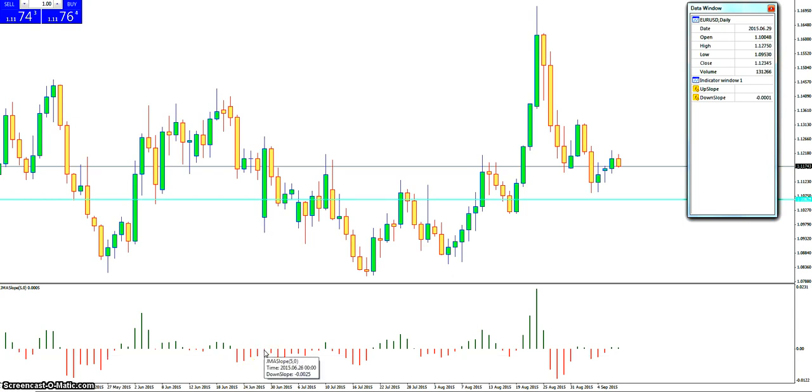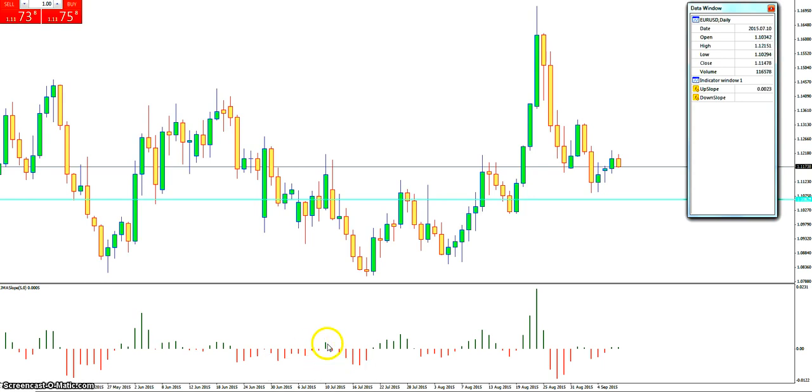This is actually going downwards, but still it is a peak because this value is higher than the previous value and this value is also higher than the next value. So that's a peak. So a peak can form above the midline, above the zero line, which can be a green bar. A peak can form below the line also, here in this case, which can be a red bar.